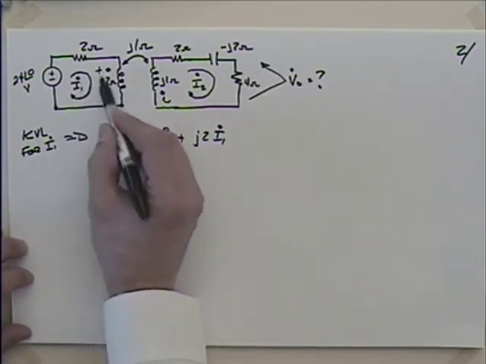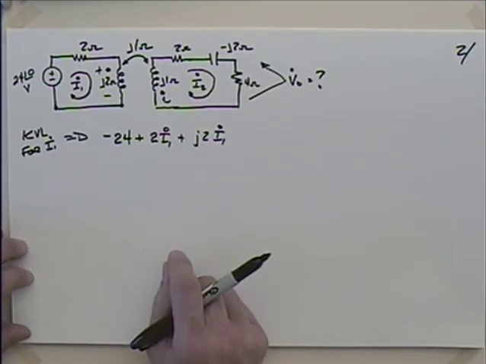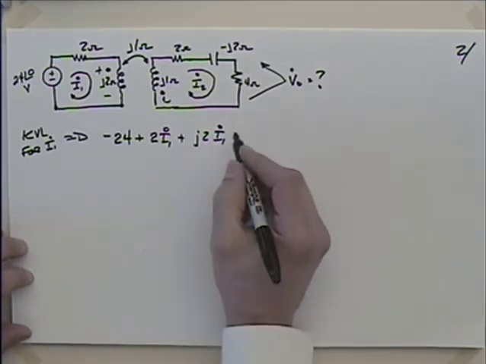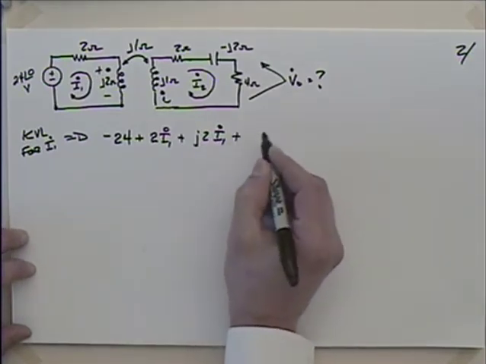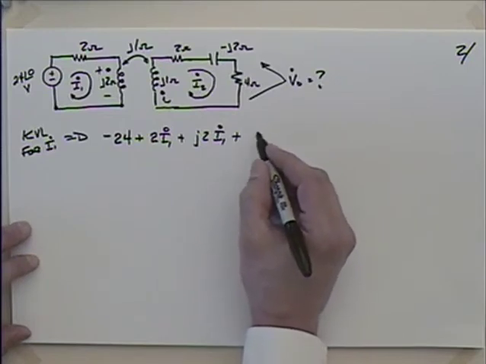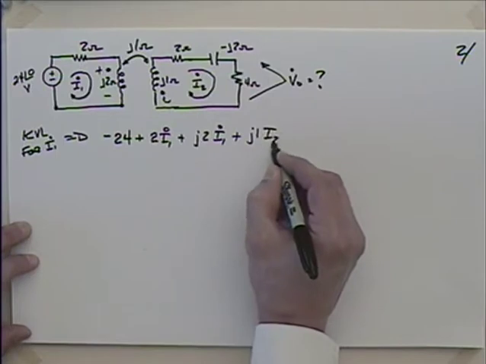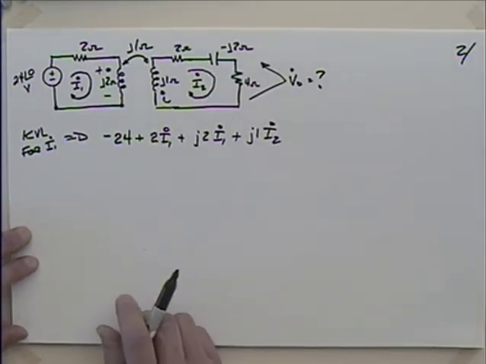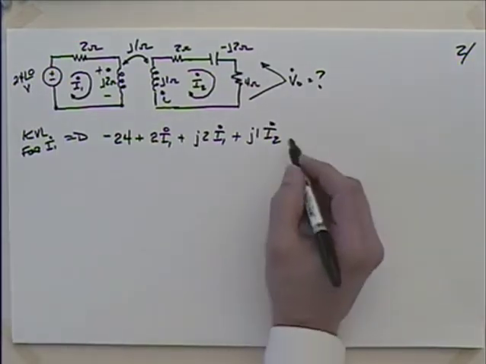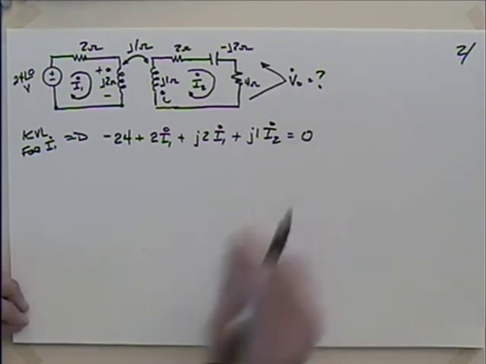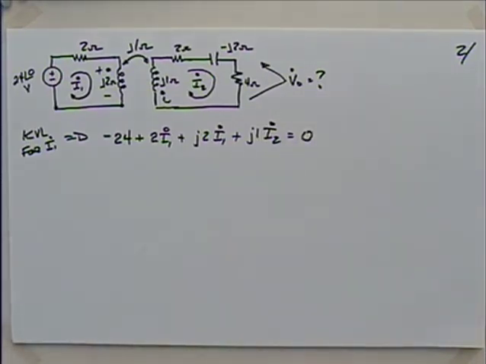So as I went around, I went from positive to negative. What's that? That's a drop. How do I treat drops? Positive. So I'm going to have positive j1 times I2 is equal to 0. Now I get to set that equal to 0 by Kirchhoff's law. Questions with that?